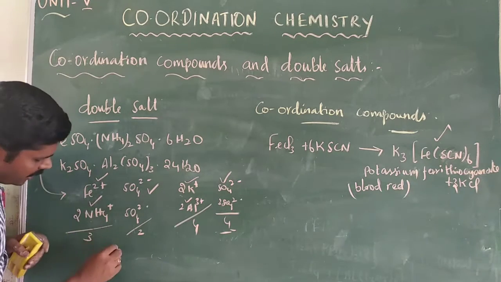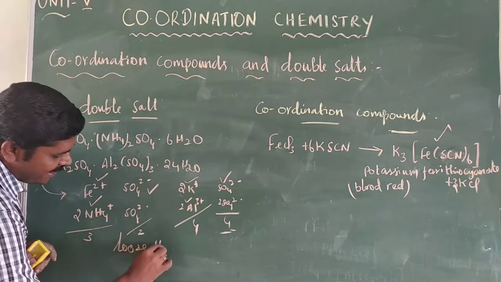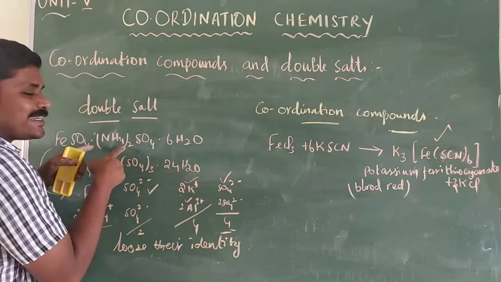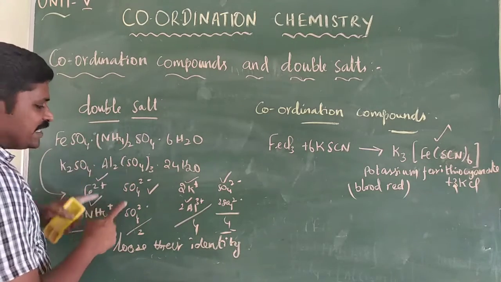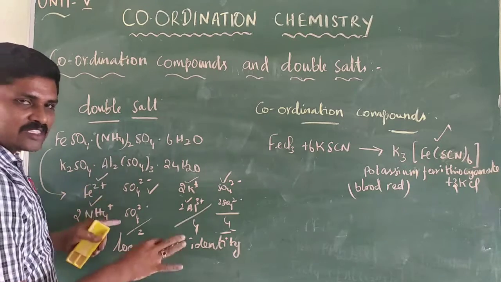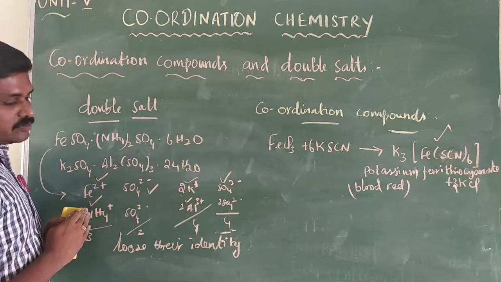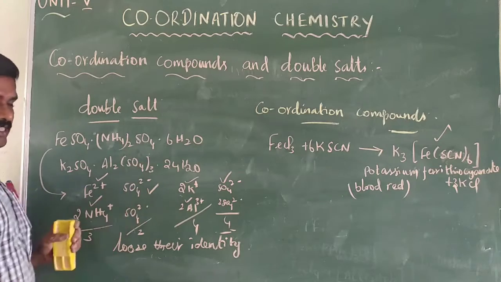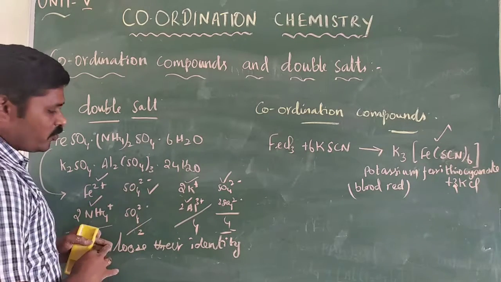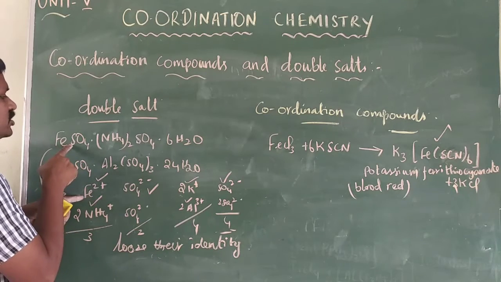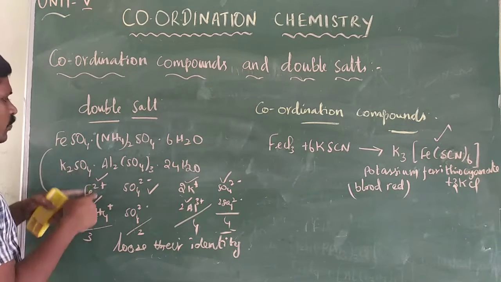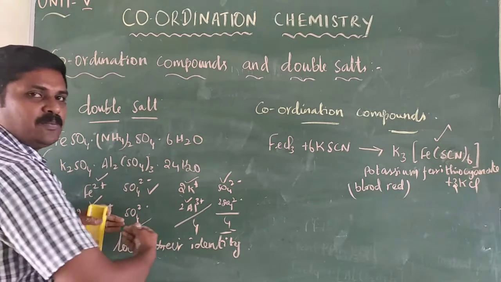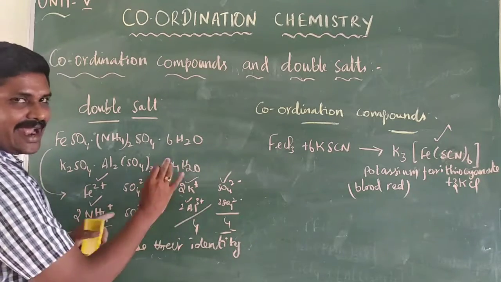In crystalline form it is a double salt, but as soon as it dissolves, it loses its identity and turns into its constituent ions. So it dissociates into the constituent simple ions in solution, such as Fe2+, SO4 2-, 2NH4+, SO4 2-. The simple ions are formed, so they lost their identity.